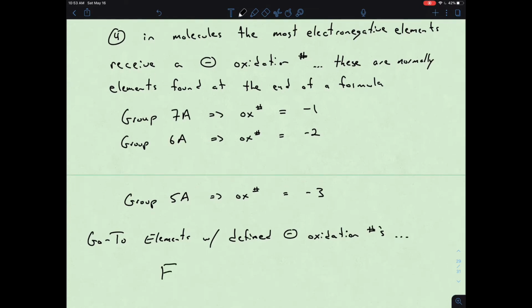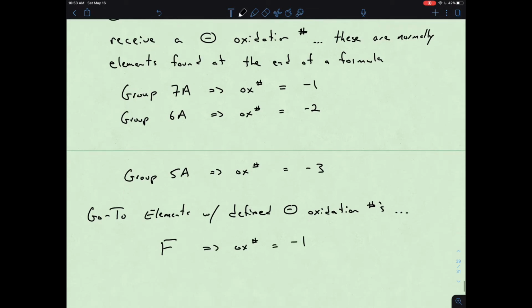There's fluorine, which has an oxidation number equal to -1. Fluorine is the most electronegative element. And oxygen, the next most electronegative element, always has an oxidation number of -2, unless somehow it's paired with fluorine in a particular example.